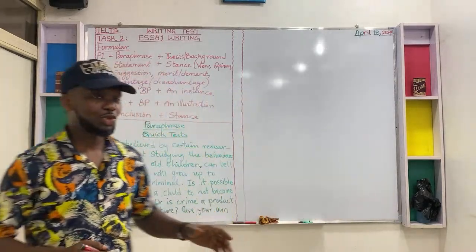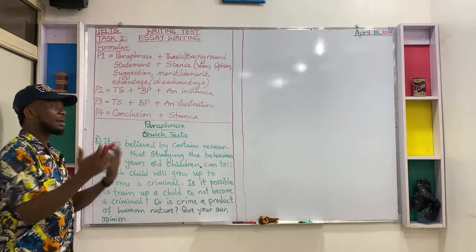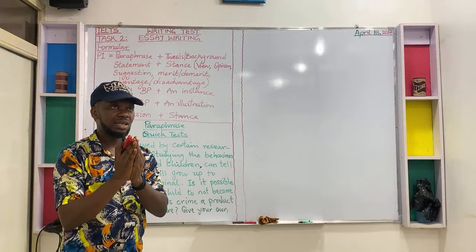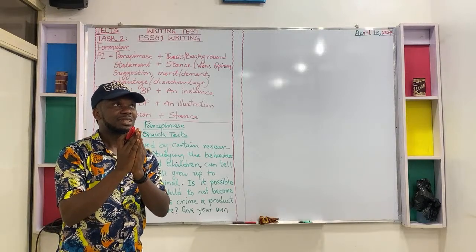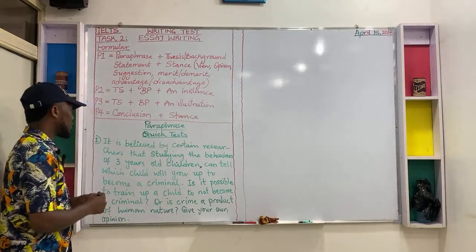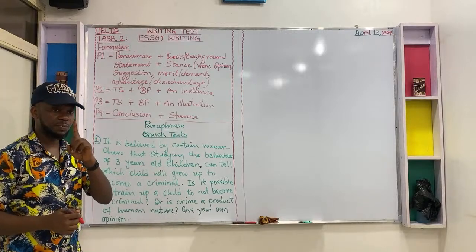So now let's understand. The first thing you have to do would be to paraphrase this. And how do you paraphrase? Let me show you the fastest and easiest way to paraphrase and achieve a perfect replica of the question. So the easiest way is to read the question only once.